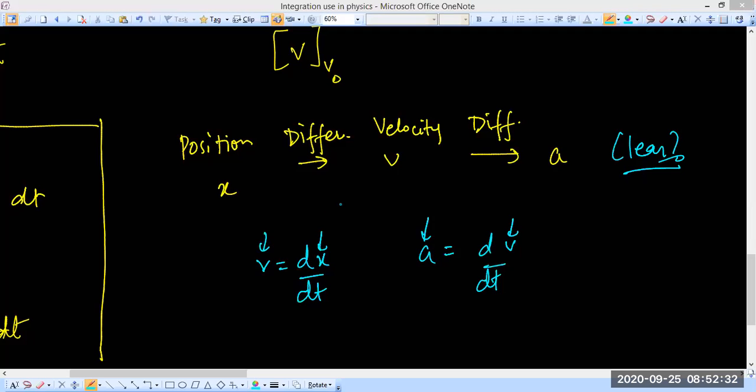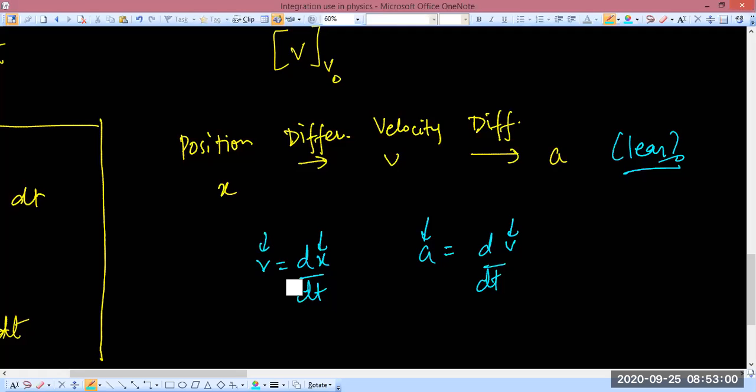What is not clear about this? This is something that we learned so early in the chapter. We had done so many of these.